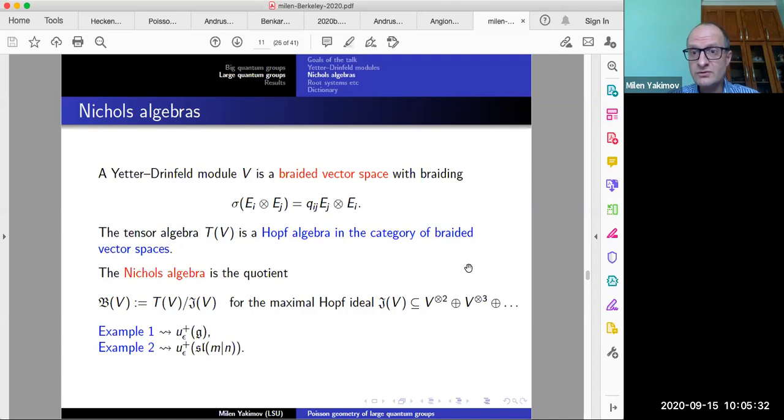For example, if we do example 1, then we simply get the positive part of the small quantum group for every simple Lie algebra G. If we do example 2, we get the small quantum group corresponding to the Lie superalgebra SL(M|N). So all of them are simply obtained by this construction.